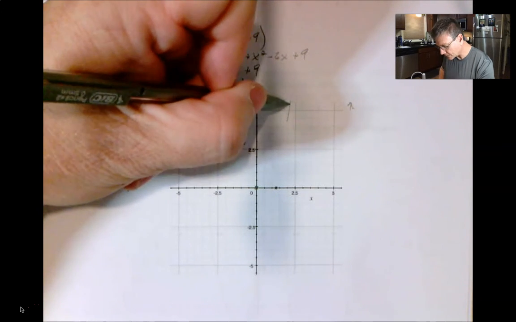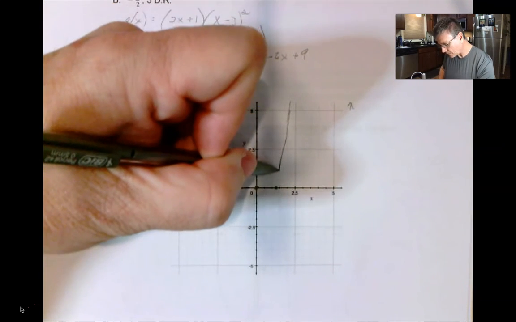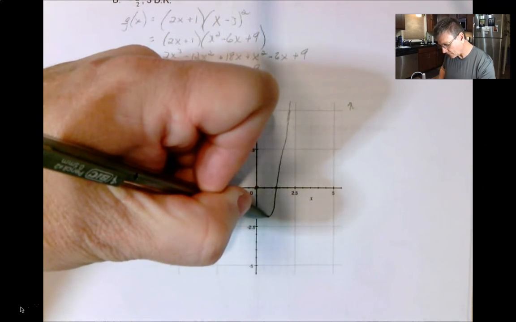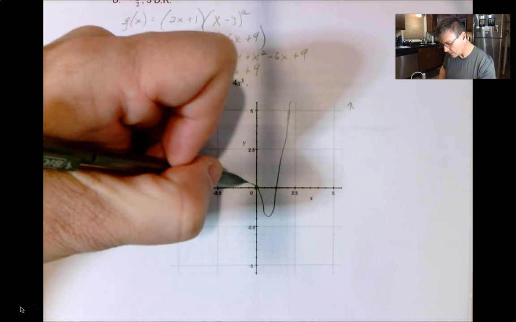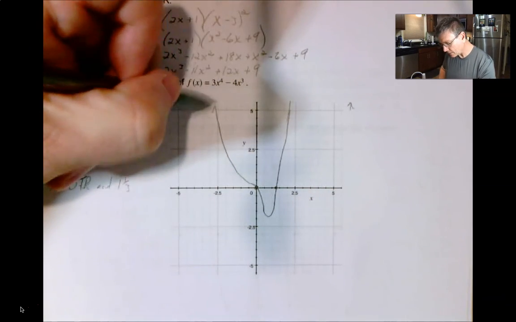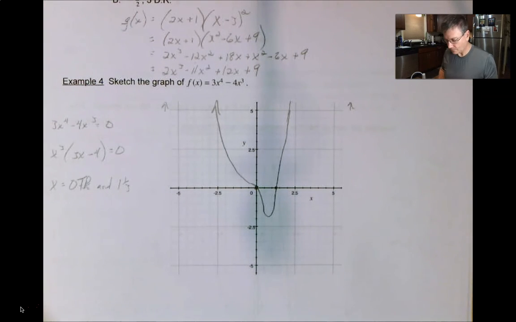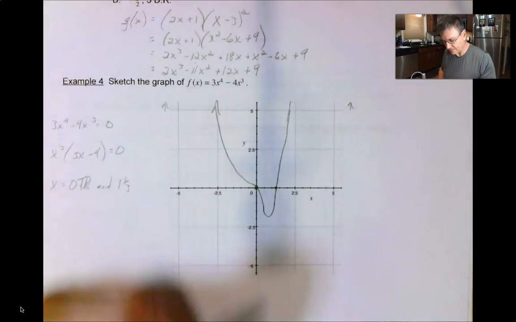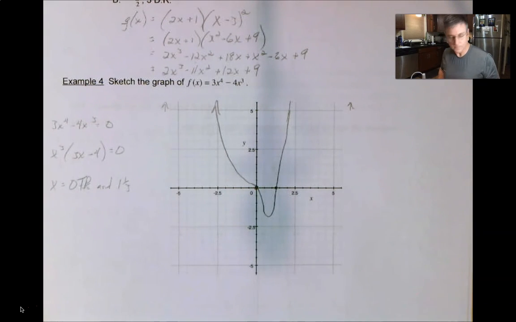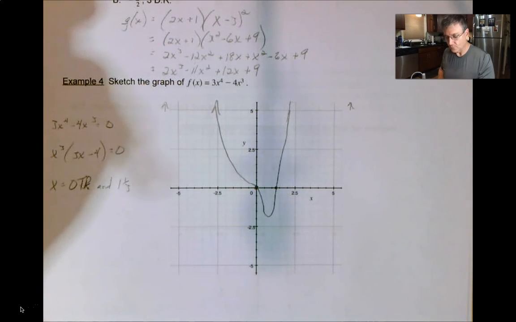So we know it's got to start up. Going to come down. Then it's going to cross through and go up. And we don't know where this turning point is. I think it's actually way down low, but that doesn't matter. That's for a future lesson.